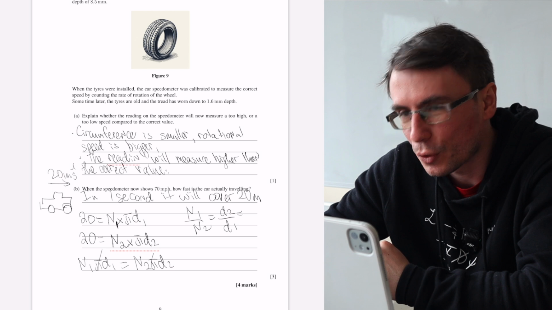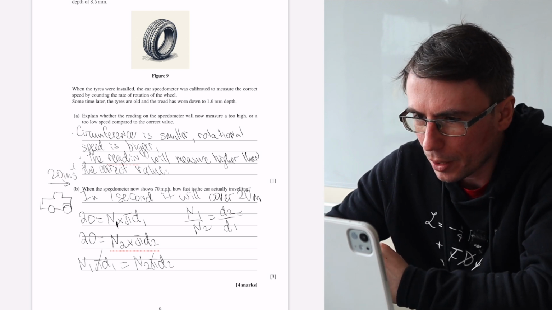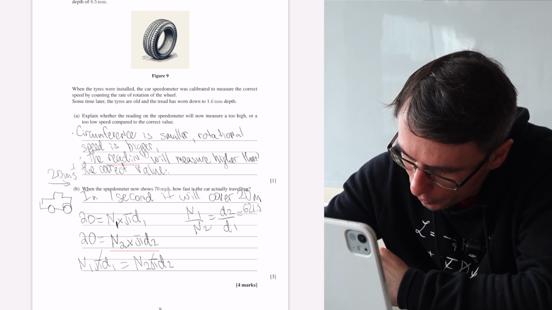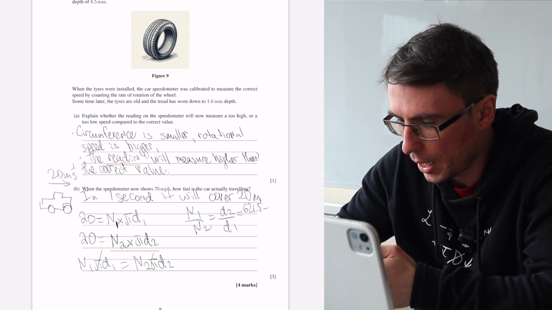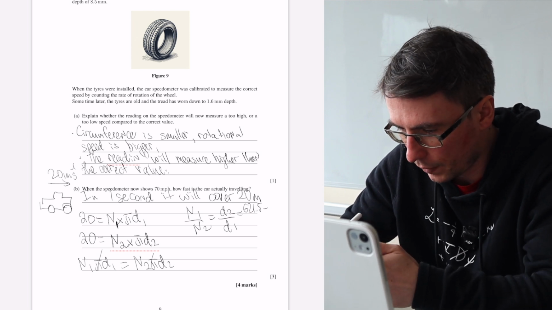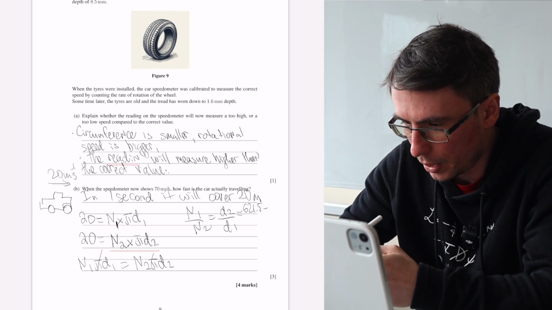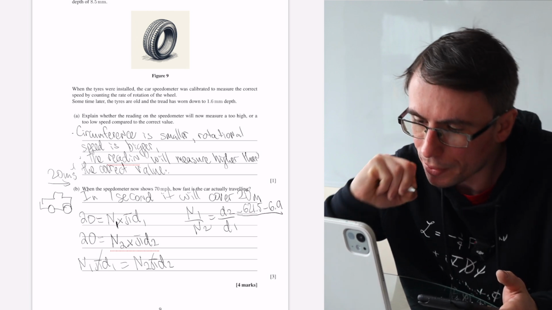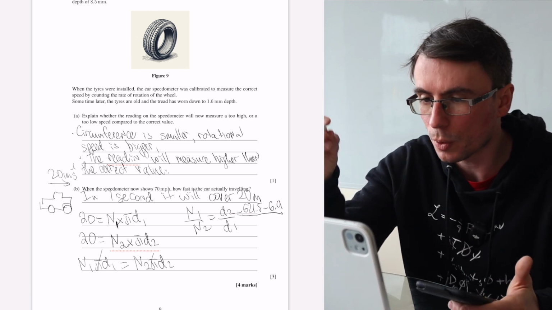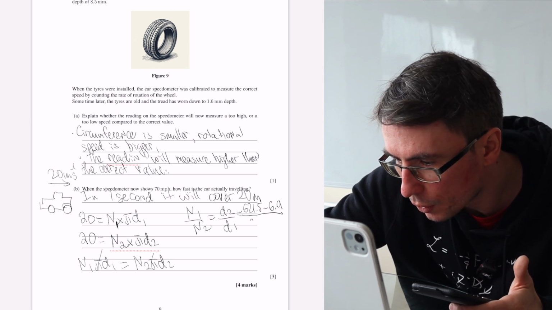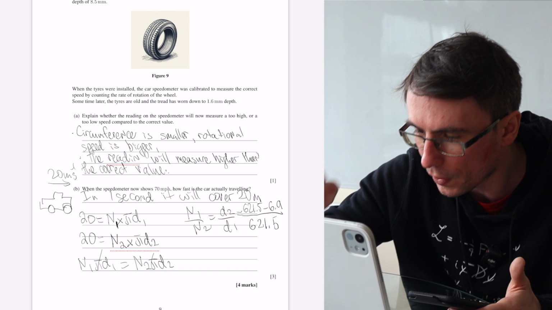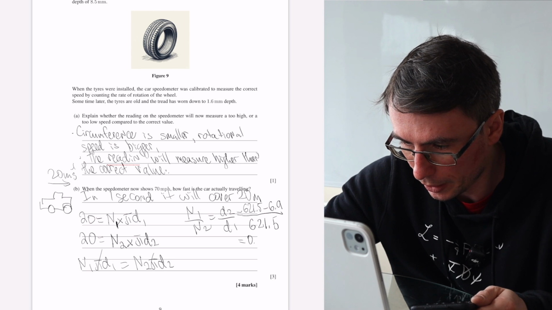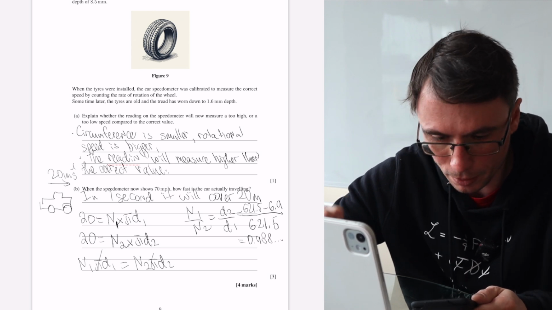Let's determine this fraction. So what is d2 going to be? Well, it's going to be 621.5, and then we're going to take away 8.5 take away 1.6, which is equal to 6.9. And then we're going to divide this by the original diameter, which is equal to 621.5. And this here is just equal to 0.988 sort of recurring.